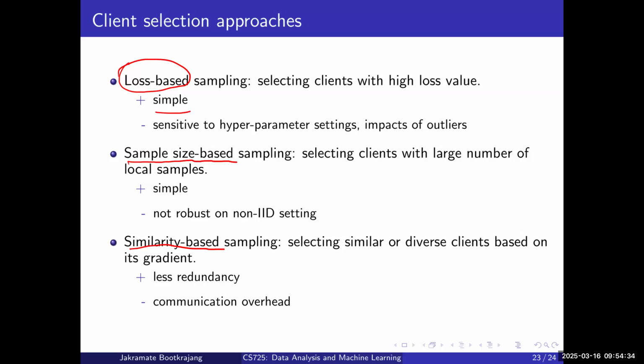If you have something similar for multiple devices, there's no need to get multiple copies of it. You only need one copy. So you want to select diverse clients based on the gradient, right? For example, you have the gradient in each direction, maybe you would pick this one, and this one, right? And because this one is very close to this gradient, maybe you don't pick it.